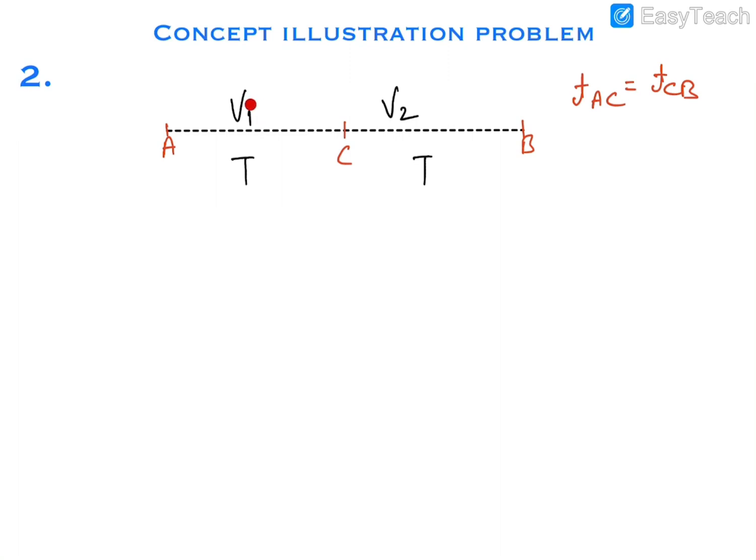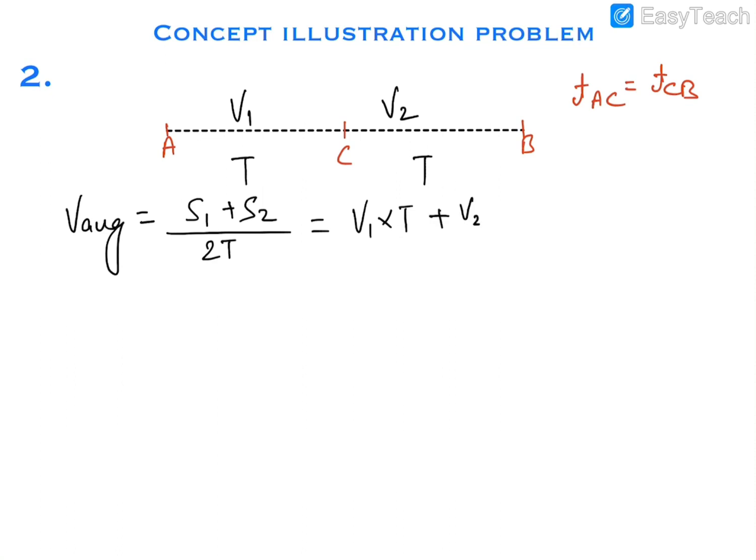Traveling with different velocities for equal time, it would travel different distances. So v average would be equal to the total distance, which is s1 plus s2, upon the total time, which is 2t. Now we can write s1 as v1 into t and s2 as v2 into t, divided by 2t. So this would be v1 plus v2 by 2.